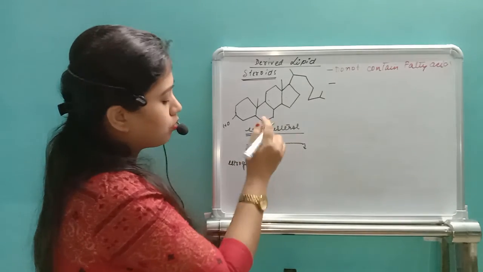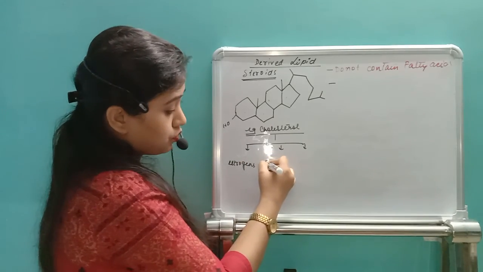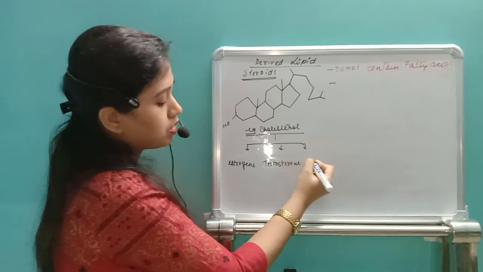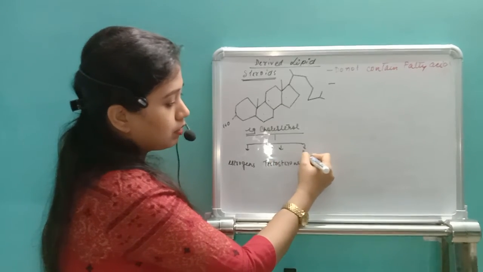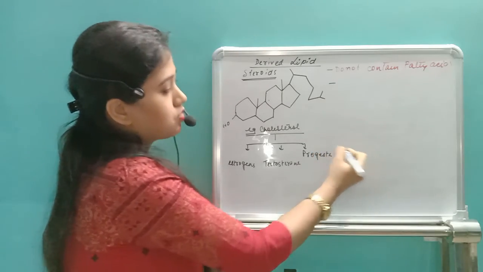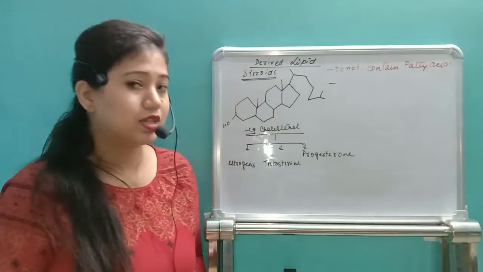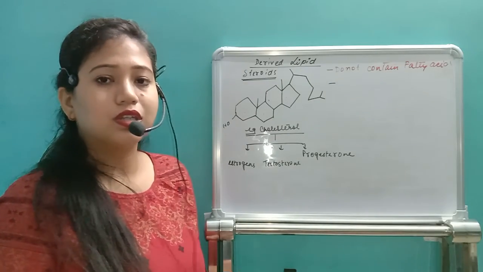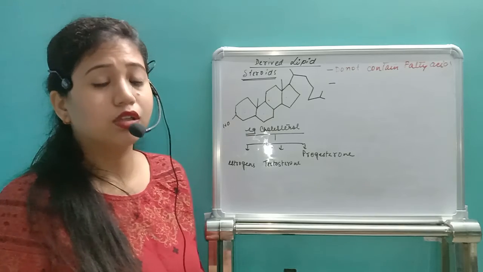Estrogens are formed from cholesterol. Then testosterone, the male hormone, is also formed from cholesterol. Then the pregnancy maintaining hormone, called progesterone, is also formed from cholesterol. So that's cholesterol, which is a kind of derived lipid. These are called the derived, the third classification.